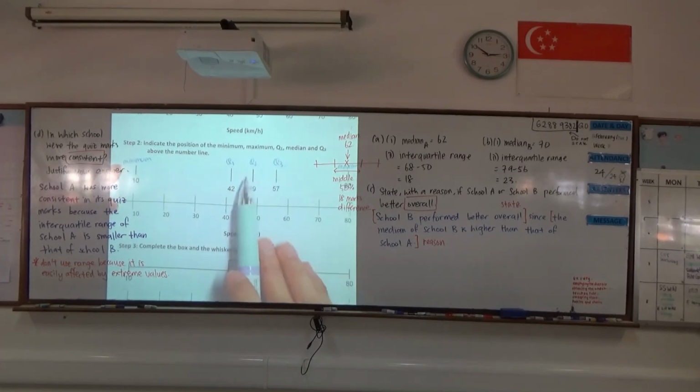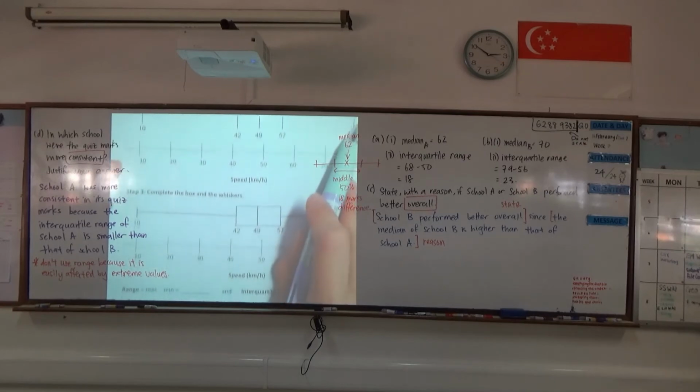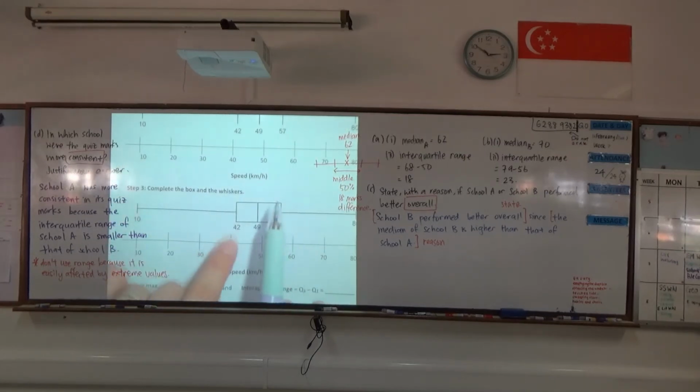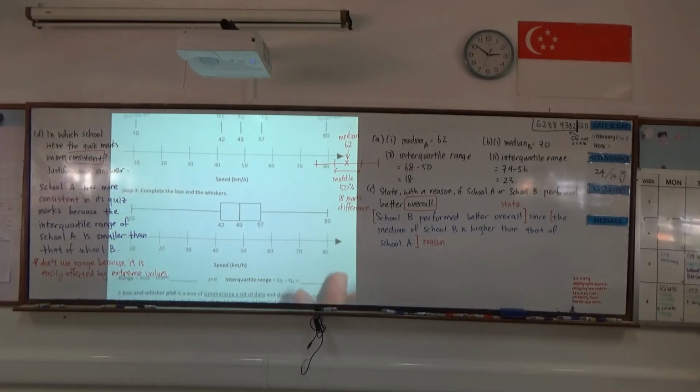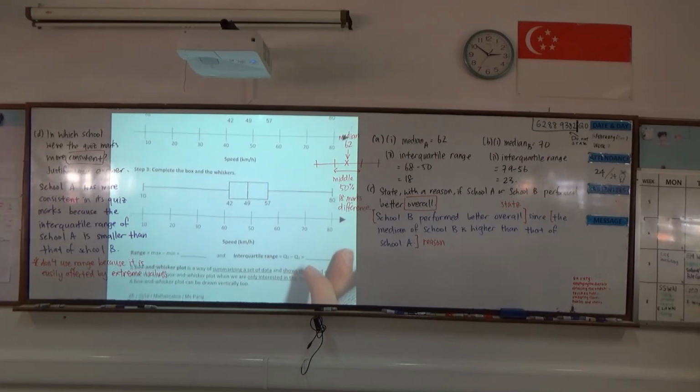You need to make a marking. After you make the marking, you complete it by drawing a box for Q1, Q2, Q3, and from the box, extend it out to the minimum and extend it out to the maximum. So that's all you have to do when it comes to a box and whisker plot.